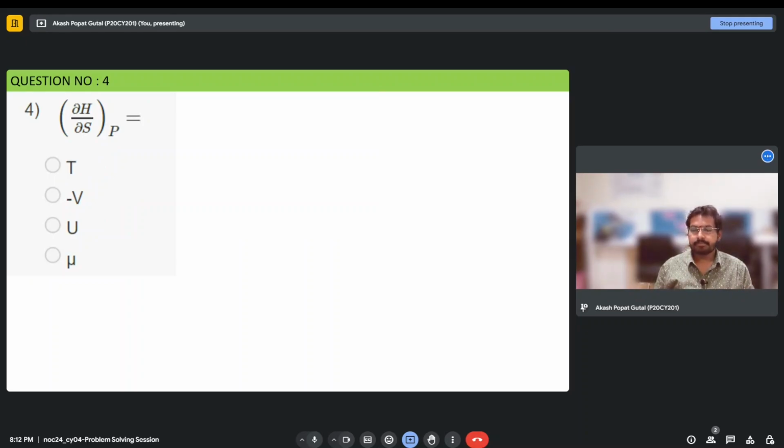Fourth question, del H by del S at constant pressure is equal to, take two, three minutes to solve this problem.